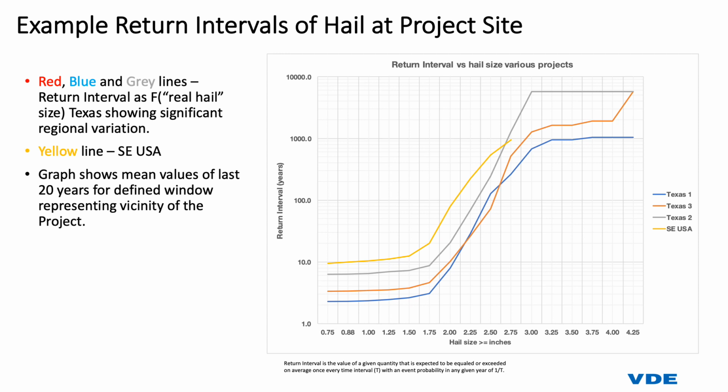And it shows that even within Texas, it's a big state, right, there's a significant variation in that return interval as a function of hail size as we go away from the mountains of western Texas to the more moist eastern part of Texas. The return intervals of Texas are also compared with a typical return interval for a plant located in the southeastern part of the country.